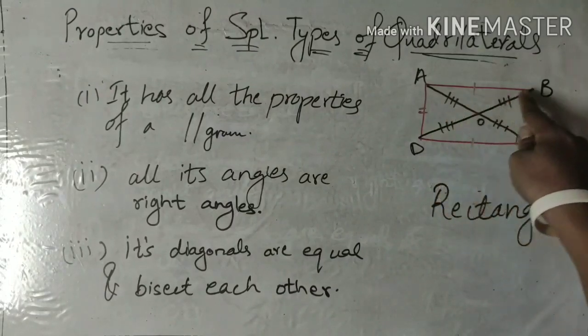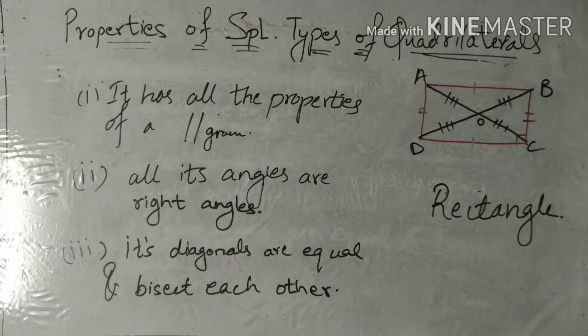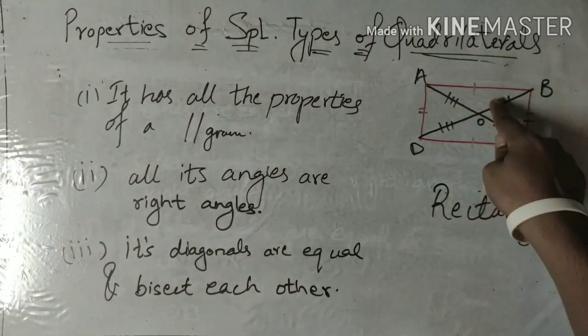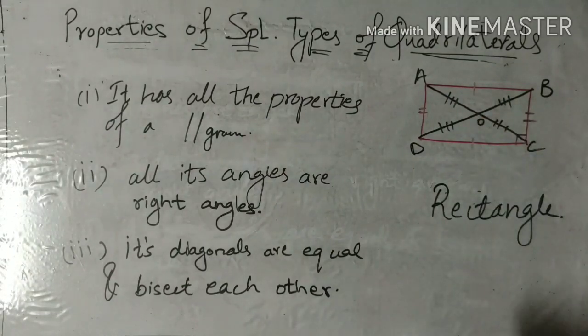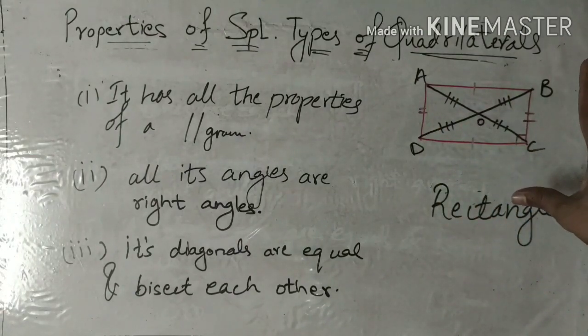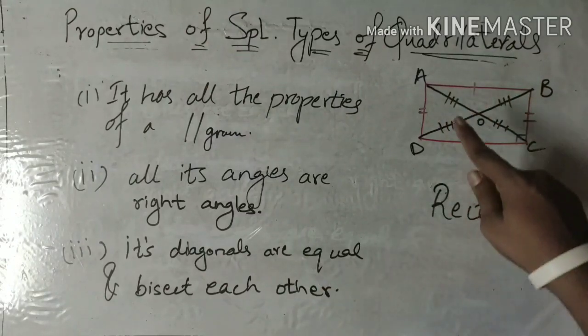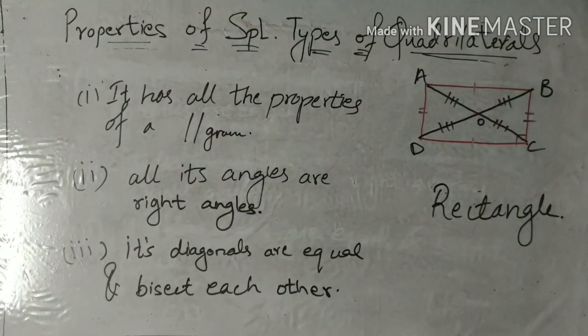That means AO is equal to OB is equal to CO is equal to OD. Just remember that this is not a right angle. So all the properties of a parallelogram, all angles are right angles, angle A, B, C, D, and its diagonals are equal and bisect each other.